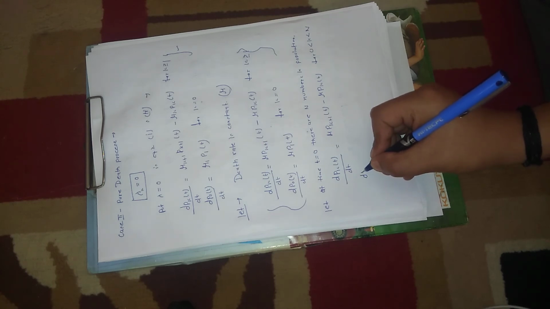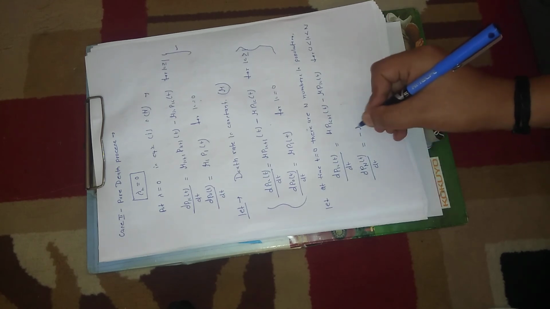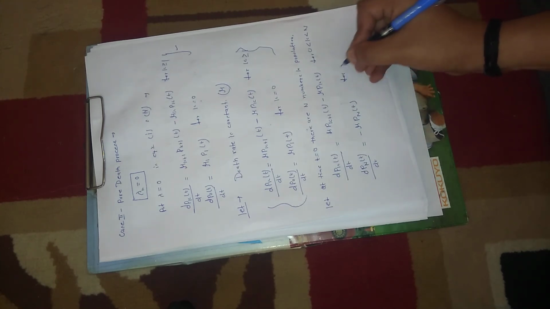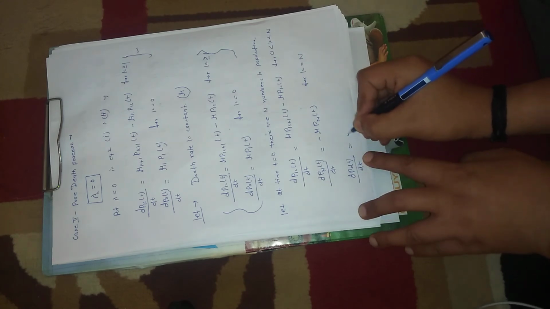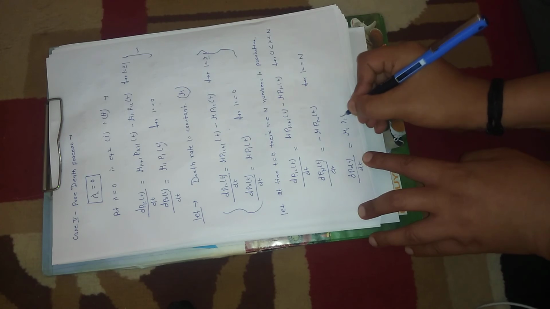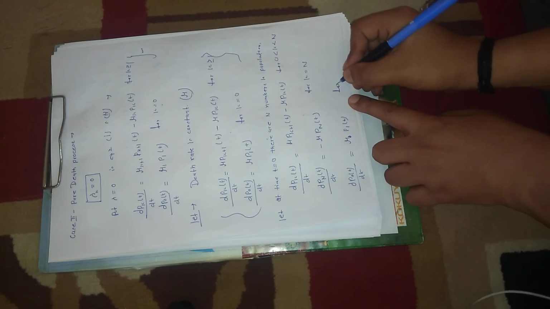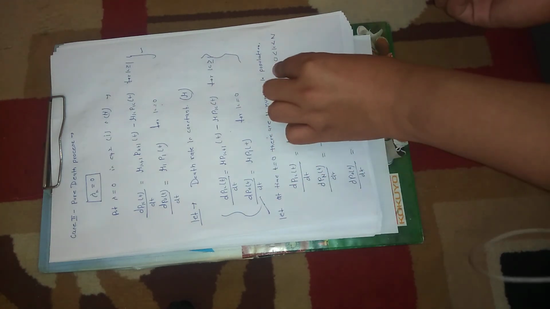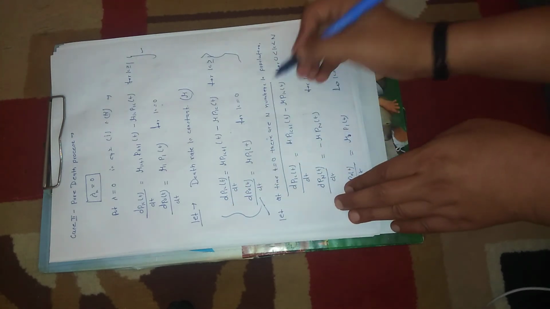If k equals n, the expression is dp_n(t)/dt equals minus mu p_n(t). Third, dp_0(t)/dt equals mu p_1(t) for k equals 0. This expression we already have. The first two cases come from this expression by applying the boundary condition.